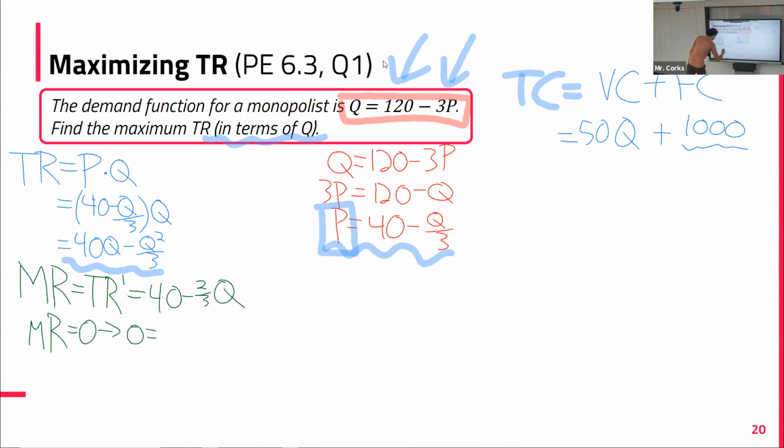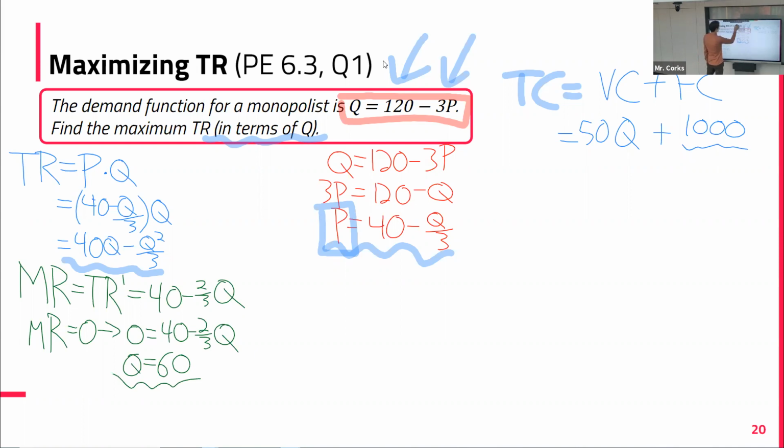So 0 equals 40 minus 2 over 3 Q, and our Q is 60 here. So that's where our maximum revenue is happening.